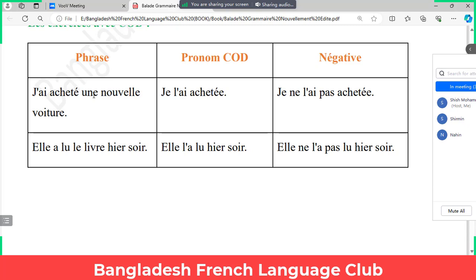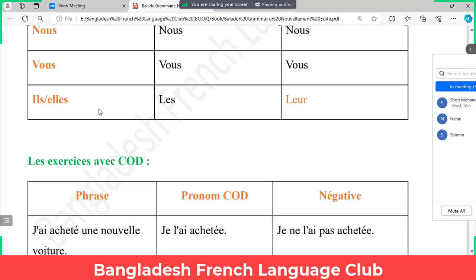Before using the direct object complement, you must consider the number and gender of the object. So une nouvelle voiture, what is the number and gender? It is feminine singular.